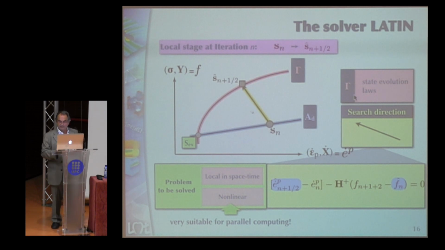For the search direction, we can take the previous operator, which is local both in space and time variable. And so the problem that you have here is local both in space and in time variable. Even if it is nonlinear, it is very easy to solve and very suitable for parallel computing.